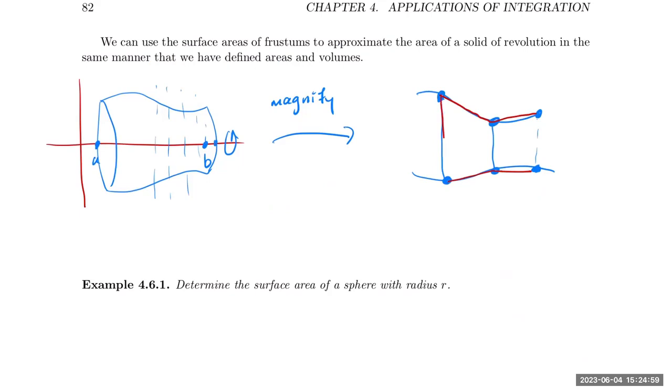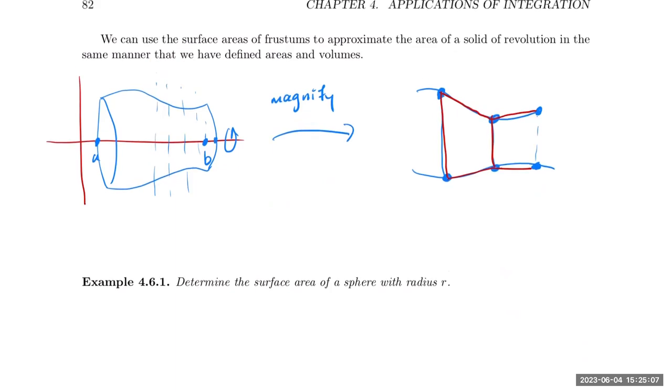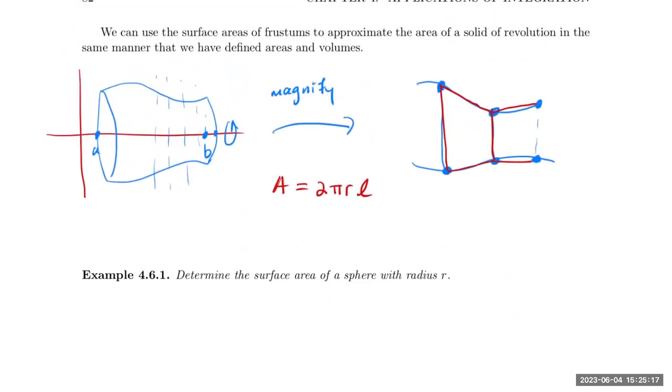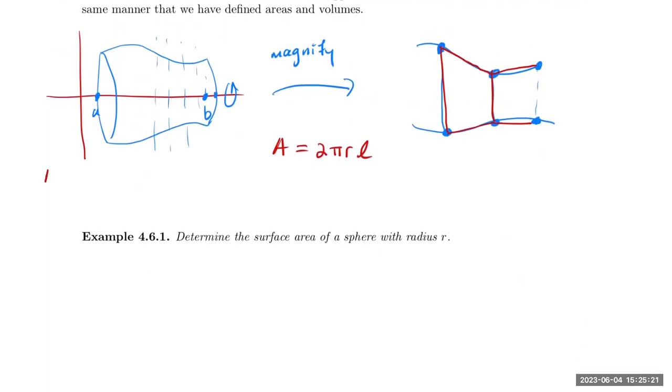Well, what about this part here? That's going to be our frustum here. Well, because the area of the frustum we know is 2 pi r times L. Well, now we could just go ahead and put this as the sum, which we'll call the area, which is the limit as n approaches infinity.